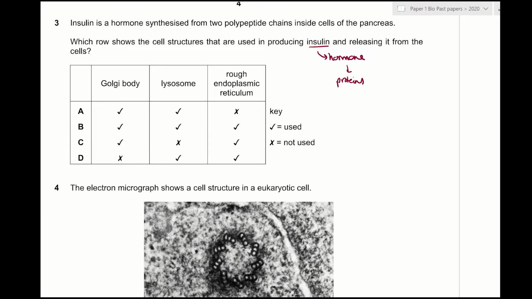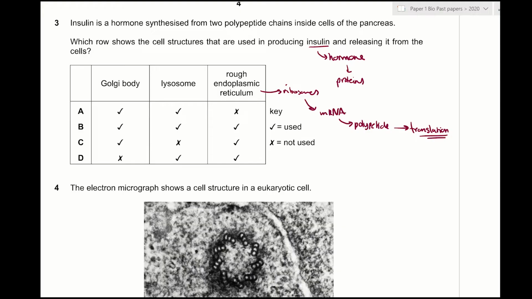First of all, obviously the rough endoplasmic reticulum is surely involved in protein synthesis because it contains the ribosomes, which the mRNA code binds to for the polypeptide chain to be synthesized during translation.